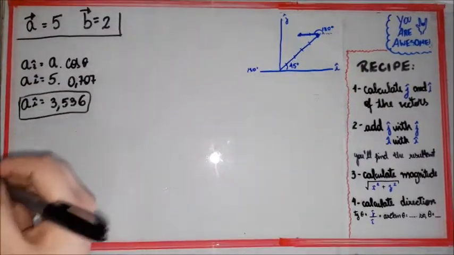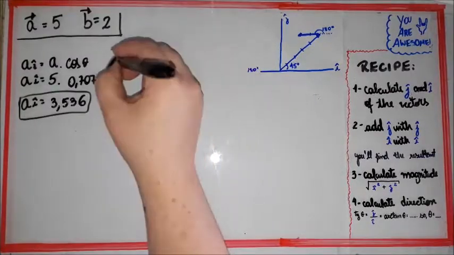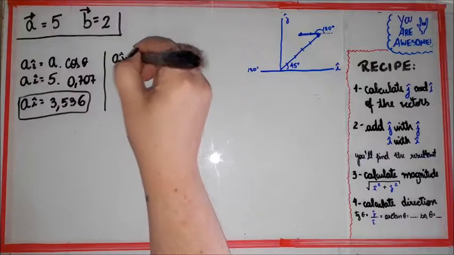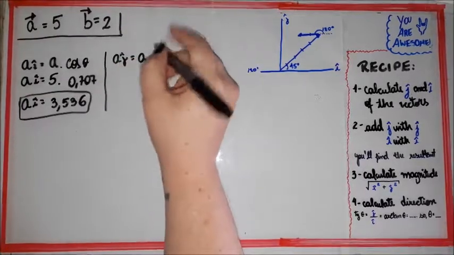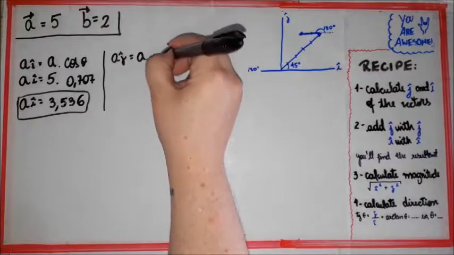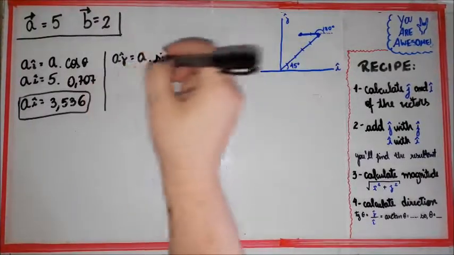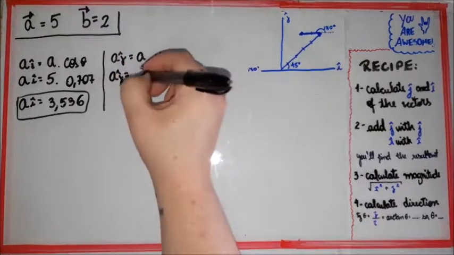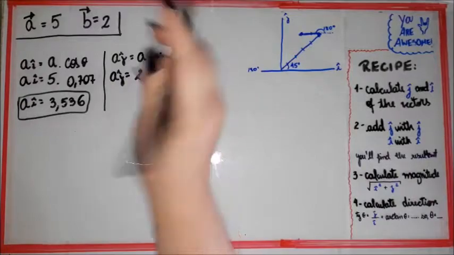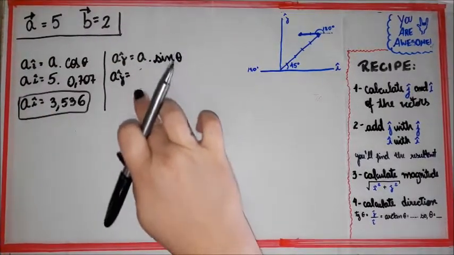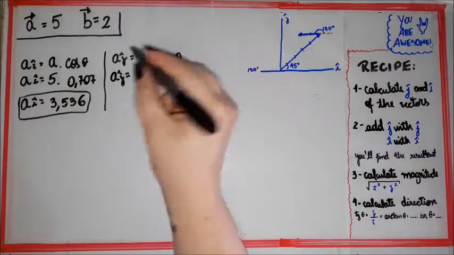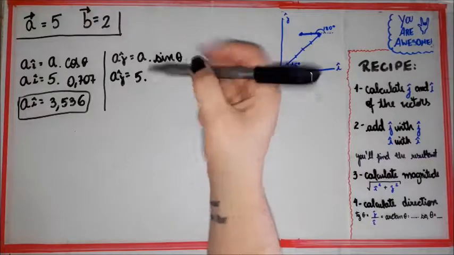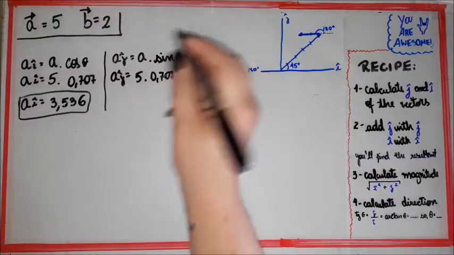So let's find A j hat. A j hat is equal to the magnitude of A times sine of its angle. 5 times sine of 45 degrees is the same, so just copy.